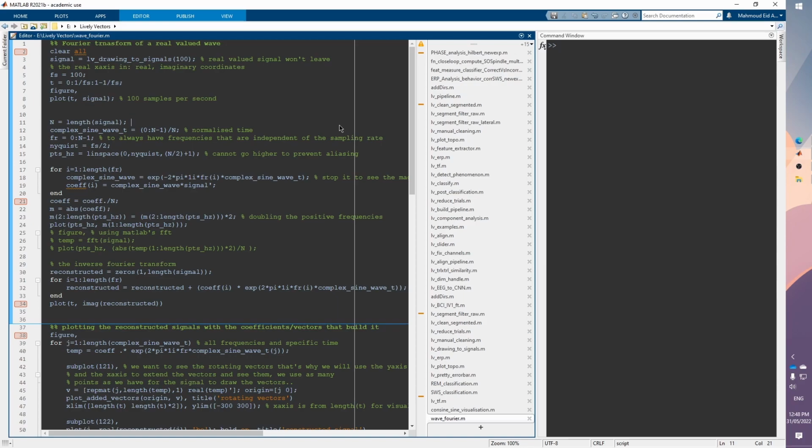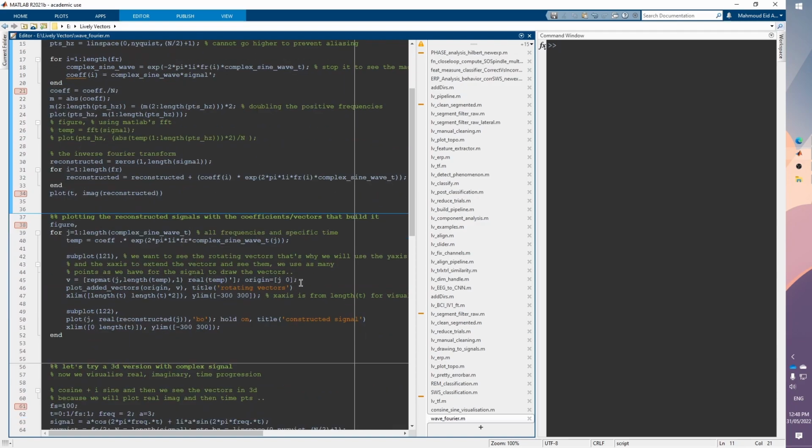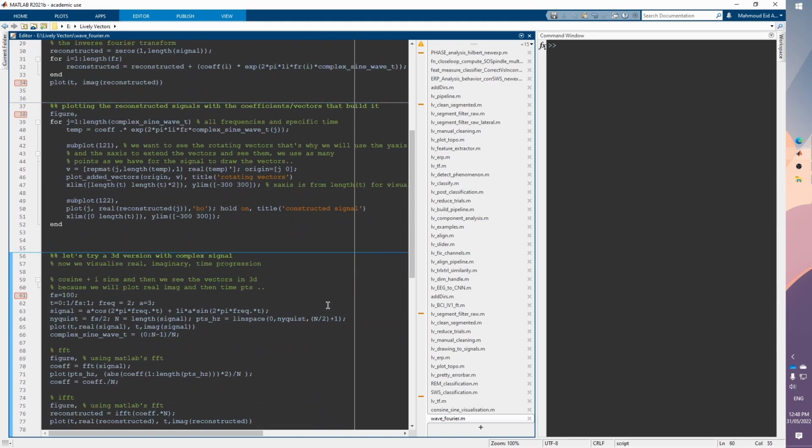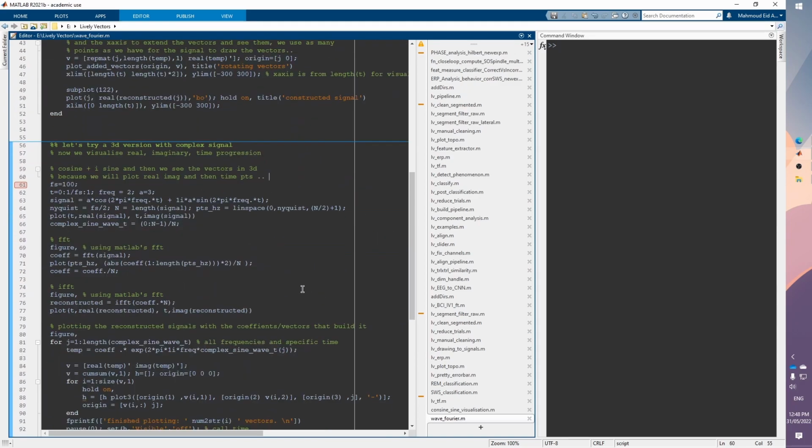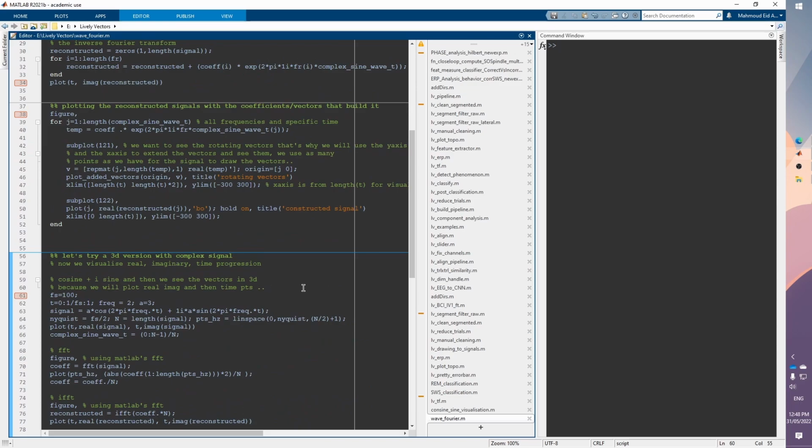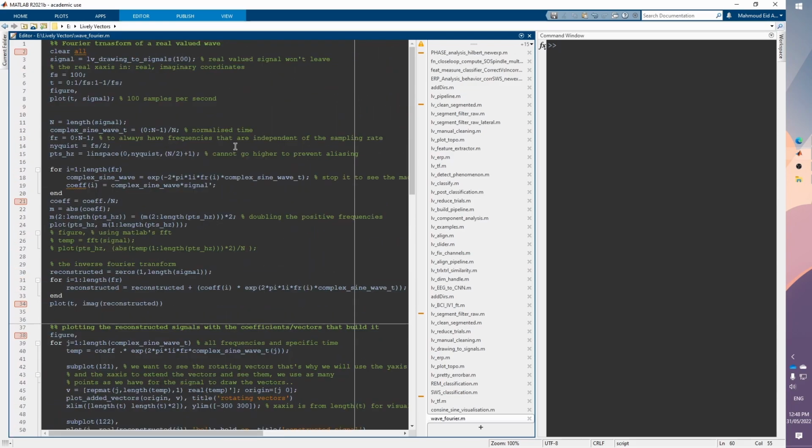Instead of just describing what the Fourier transform is, it's really nice to have a closer look and see line by line code of how to implement the Fourier transform and the inverse Fourier transform. And also we will try to see this in 3D and interact with the figure to really get a feeling of the Fourier transform and its importance.